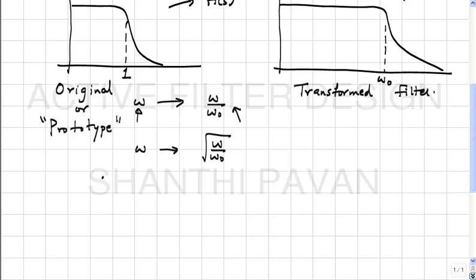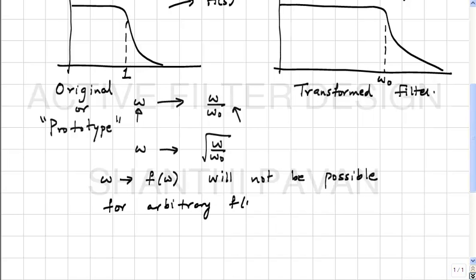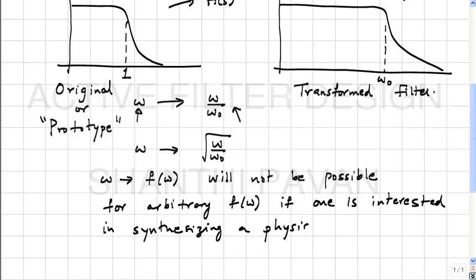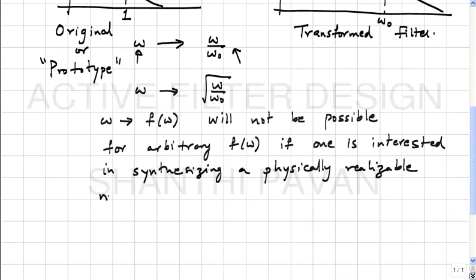So in other words, replacing omega with some function of omega will not be possible for arbitrary f of omega if one is interested in synthesizing a physically realizable network transfer function.